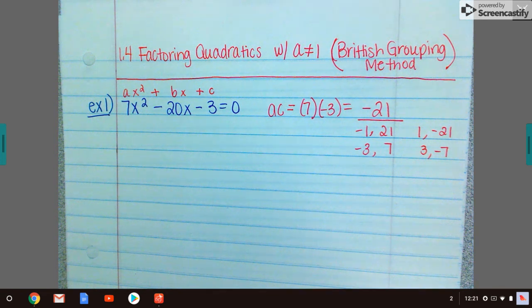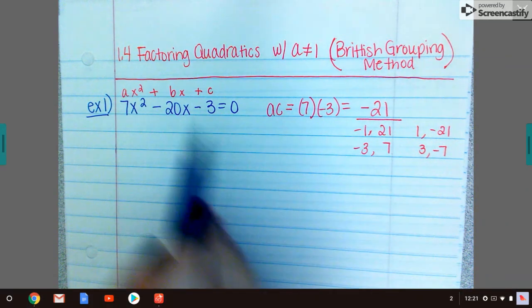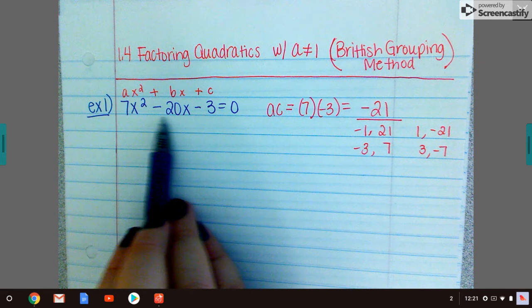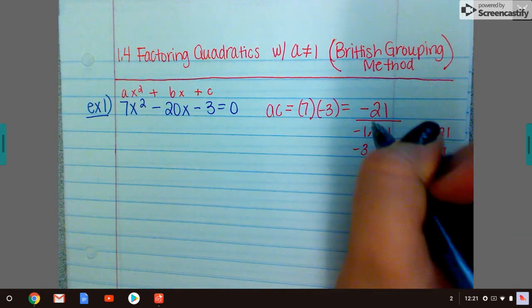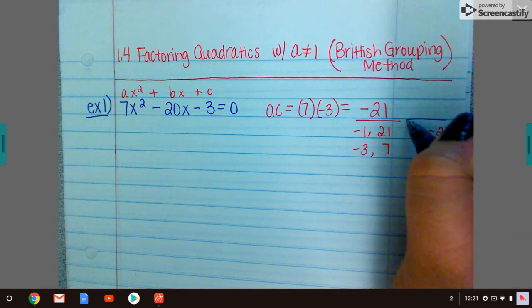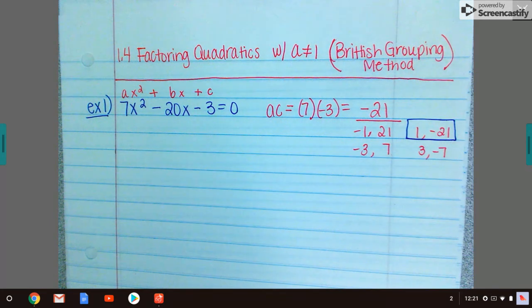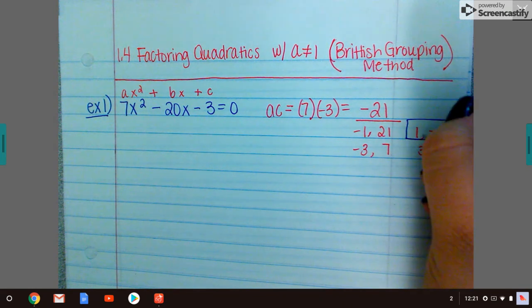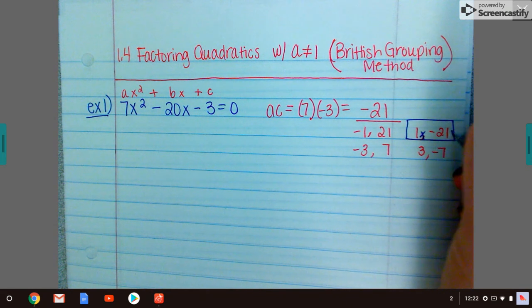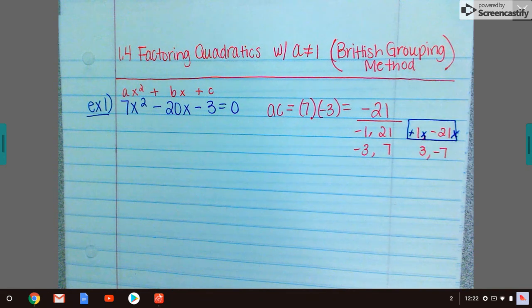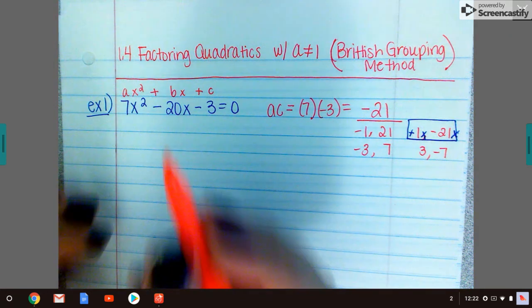Once we've got our full list out, I'm looking for a combination of these that will sum to be negative 20. And it looks like I've got it right here. If I add those two up, it'll be negative 20. So I'm going to use these two numbers, 1x and negative 21x, and we're going to plug those in to the spot where negative 20x was.